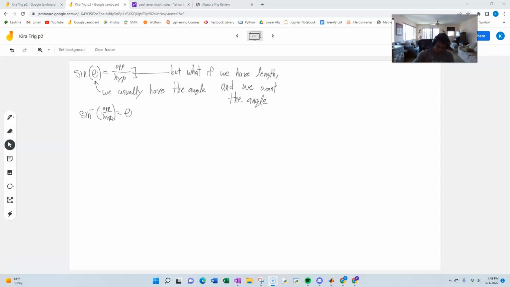Maybe this will be easier to explain like this. y is equal to f of x. If we do the inverse, then we go x is equal to f of y, right? That's the opposite way. It's the inverse.